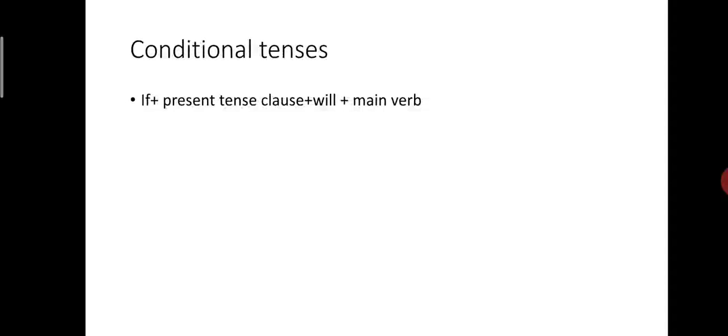Next, past tense if clause, that is, if plus past tense plus would plus main verb. Uses, to refer to some unreal situation. If he had authority, he would solve the problem.